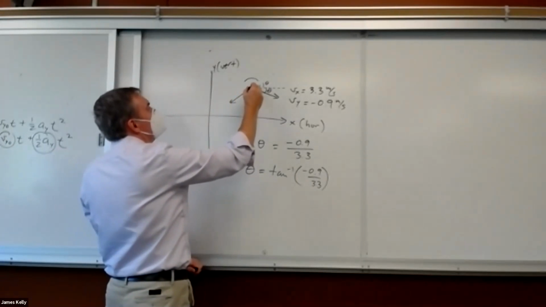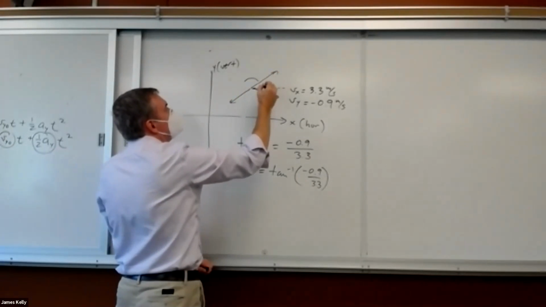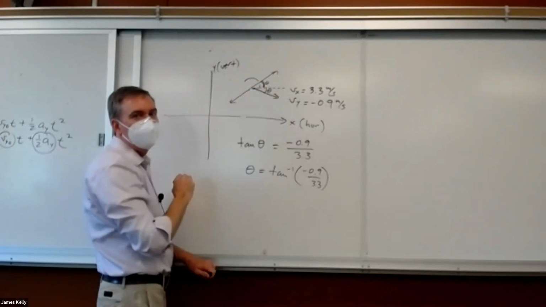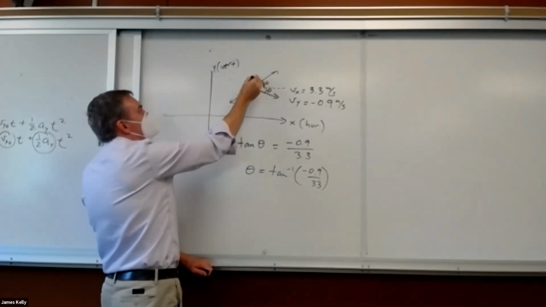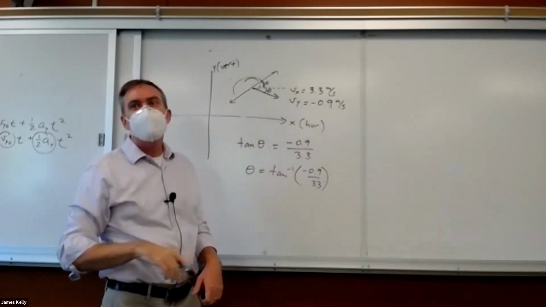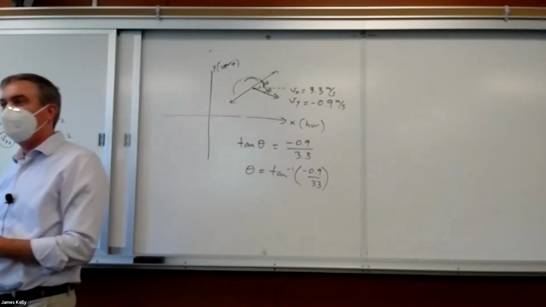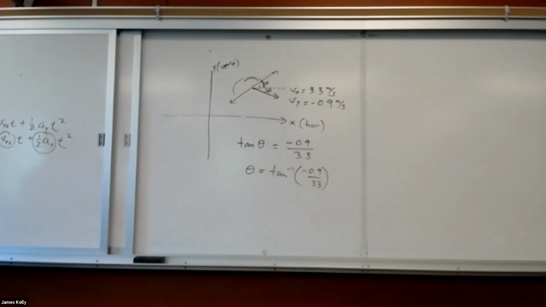If it's pointing over here, you would be getting the positive angle that's here. If you add 180 degrees, you're going to get an angle that's not between minus 180 and 180, and you're going to have to think about it for a second and think, well, how can I rewrite that angle as an angle between minus 180 and 180? And I bet you can all do that. I don't know, maybe they restricted it so they all end up between minus 90 and 90 to make it easier.